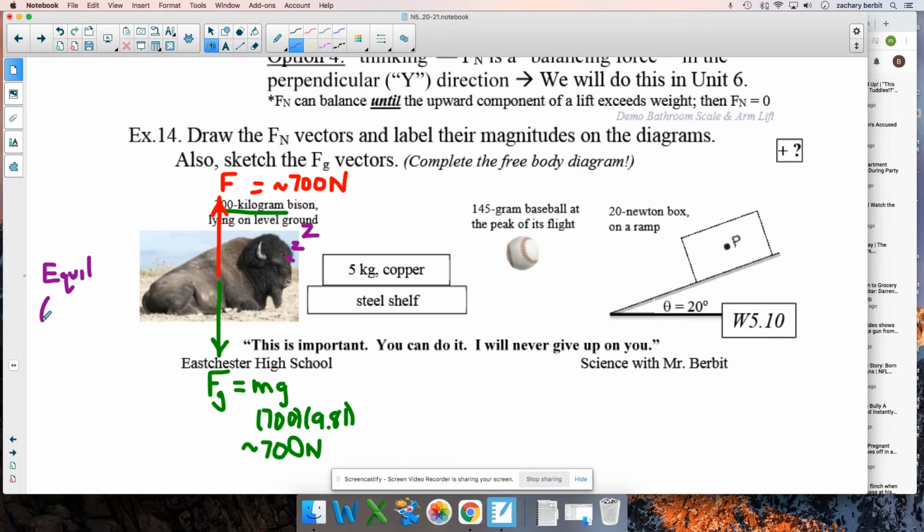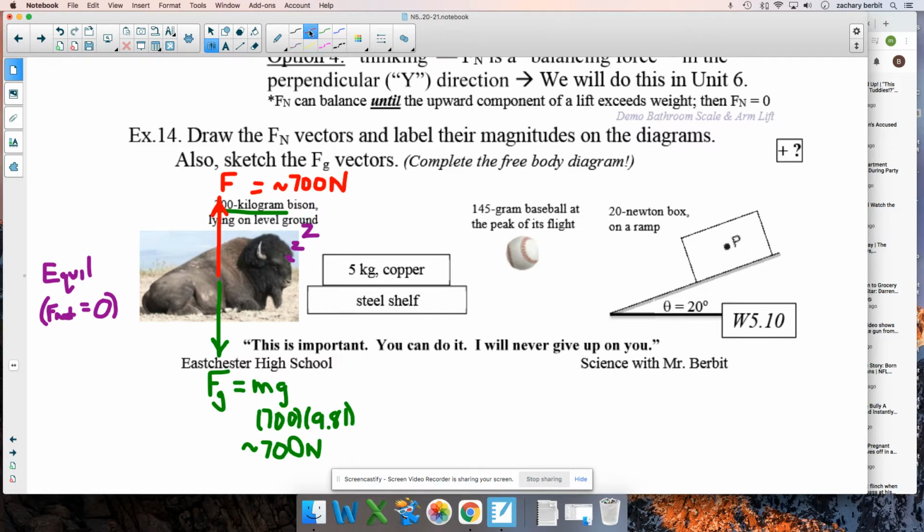That was one of the definitions on here, F net zero, which means all the forces balance. So in this case, just seeing that the bison is sitting there, constantly at zero velocity, this thing definitely is in equilibrium. The F net's definitely zero. There must be an upward force balancing it.